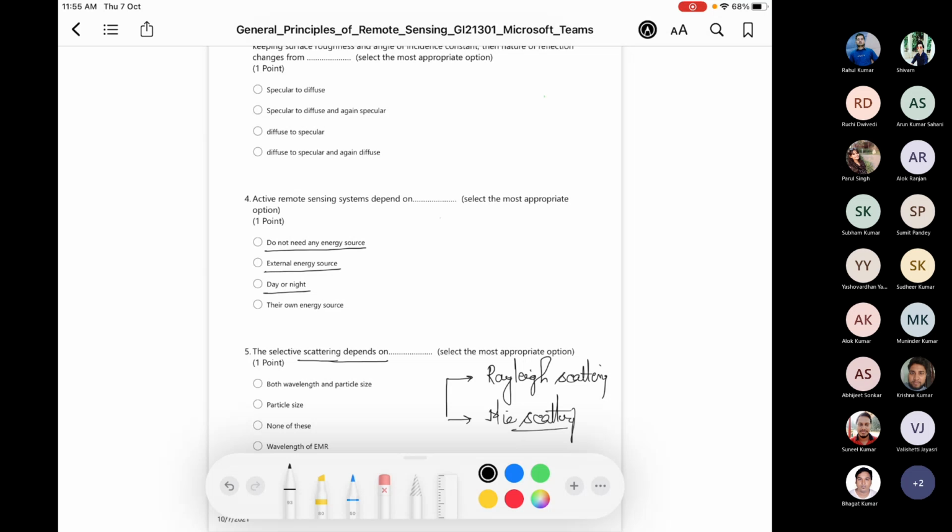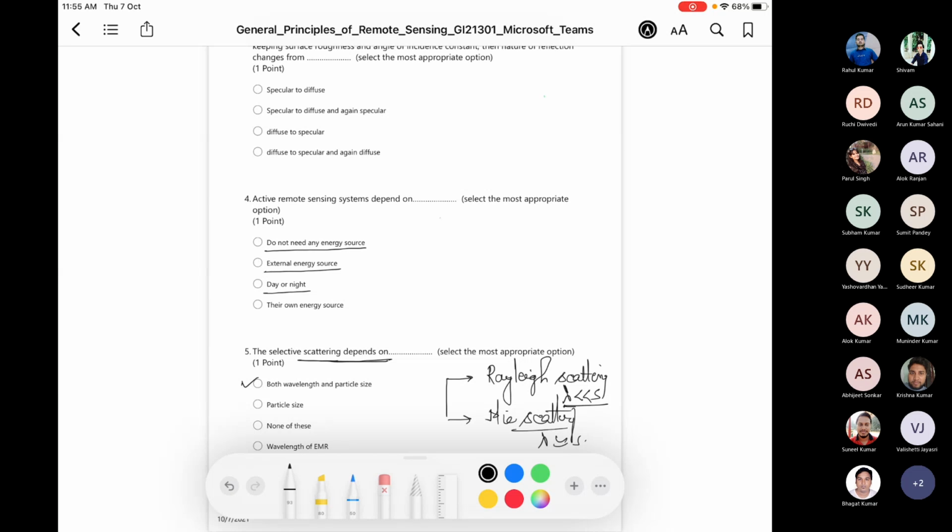In Rayleigh scattering, the wavelength is very large compared to the particle size. When the wavelength is equivalent to the particle size, then we have Mie scattering. So the selective scattering depends on, the first option is correct, both wavelength and particle size.